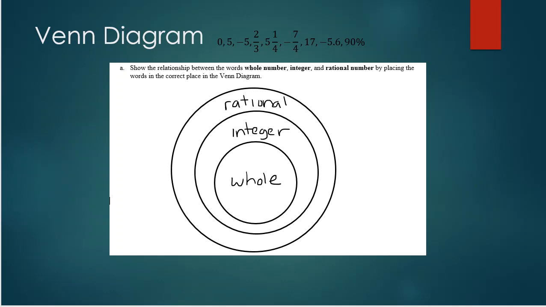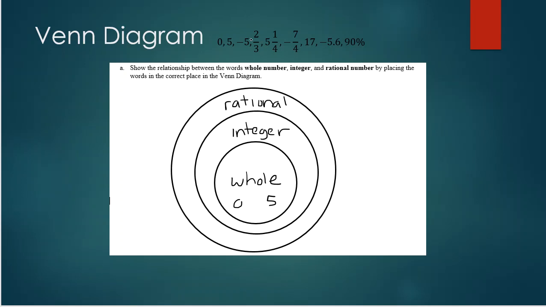If we place 0 in the whole number classification, that means it also falls within the integer and the rational number classification. Okay, the number 5, we're going to also put that in the whole number classification, and then notice that it falls within the circle of integer and the circle of rational numbers.